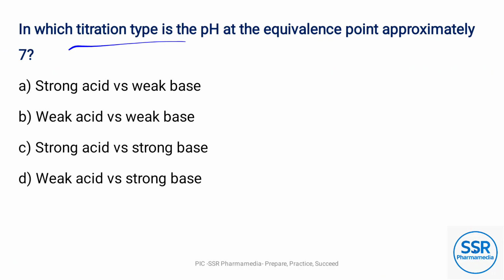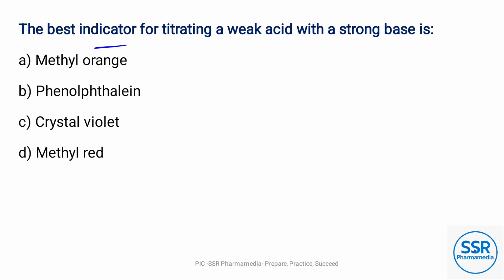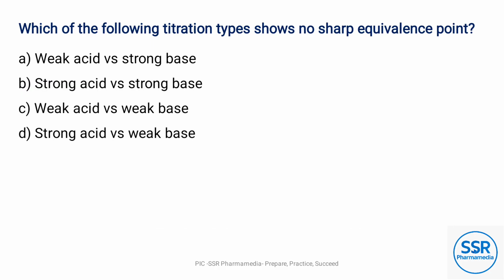In which titration type is the pH at the equivalence point approximately 7? Option C, strong acid versus strong base. The best indicator for titrating a weak acid with a strong base is option B, phenolphthalein. Which of the following titration types shows no sharp equivalence point?